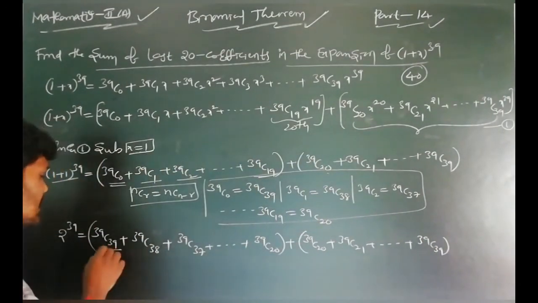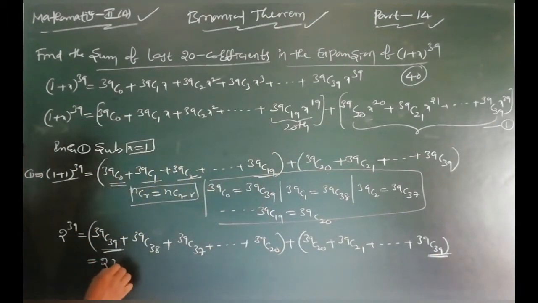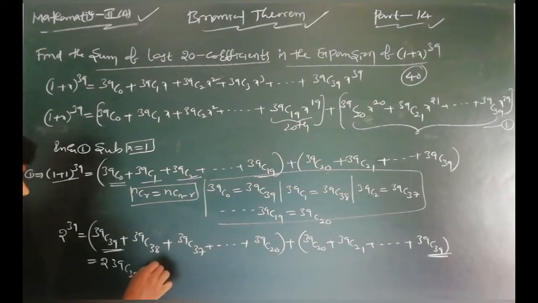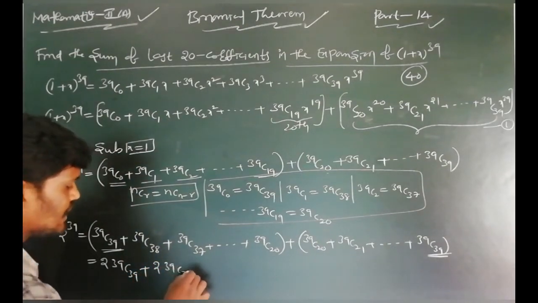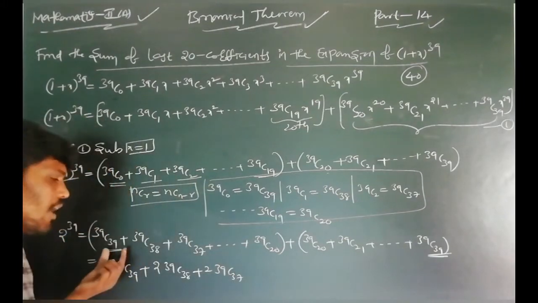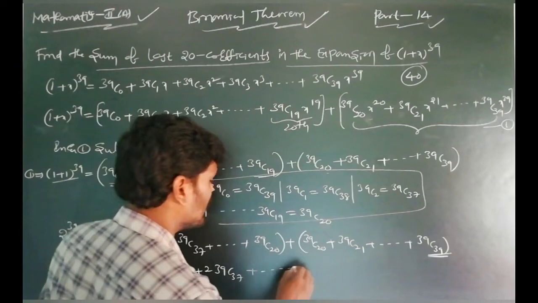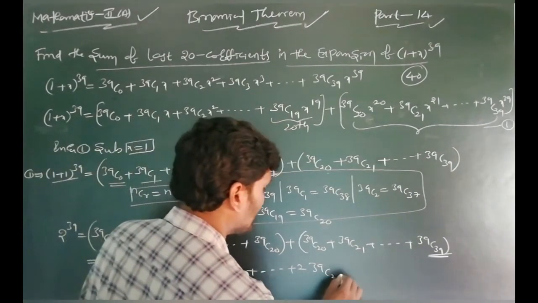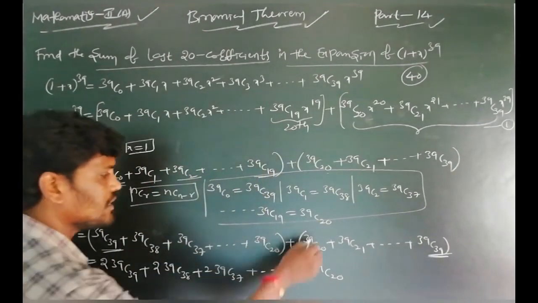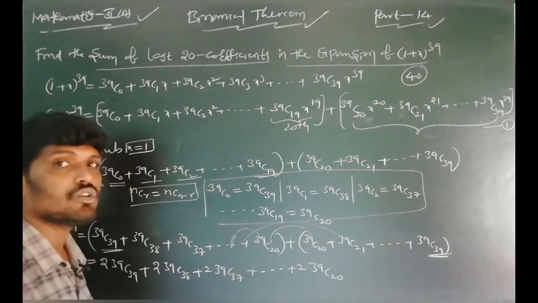Here 39C39 is there, here 39C39 is there, so 2 times 39C39, 2 times 39C38, 2 times 39C37, all terms have 2, and so on, 2 times 39C20. Here 39C20 appears twice, and the term before it is 39C21.